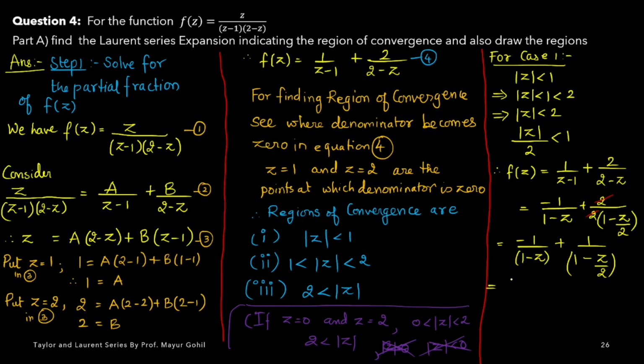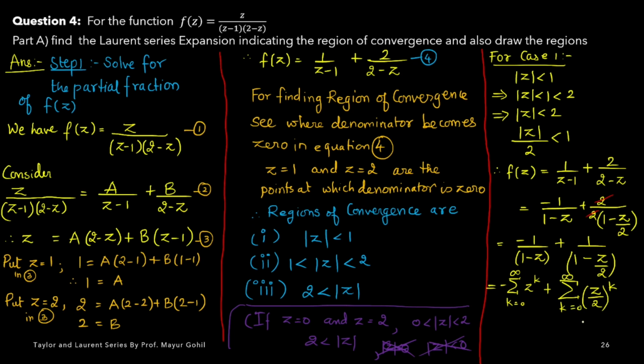So the expansion that we had given in video lecture number 1 on Taylor and Laurent series will be: this minus sign remains outside, and there is summation z to the power k, k going from 0 to infinity, summation z upon 2 whole to the power k, k going from 0 to infinity.